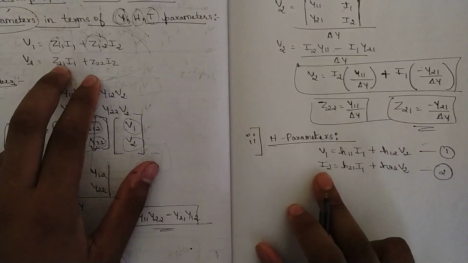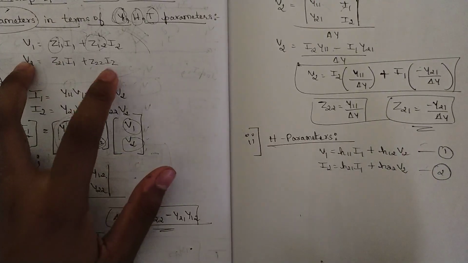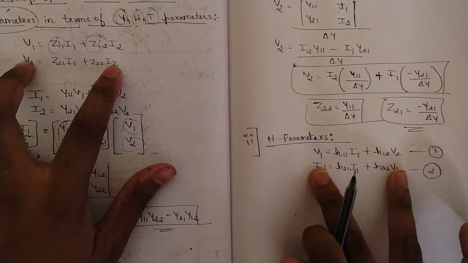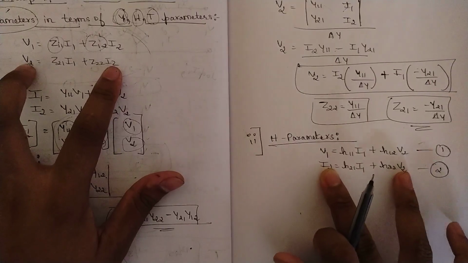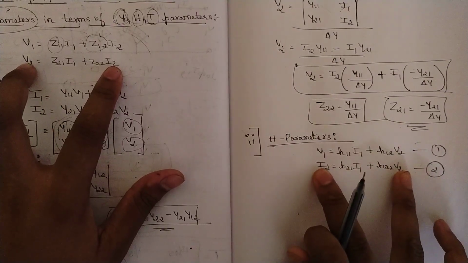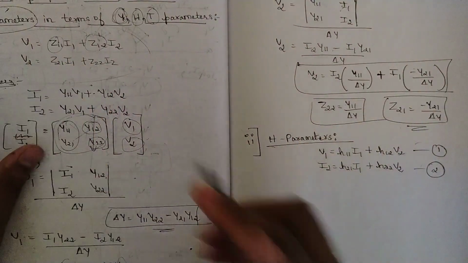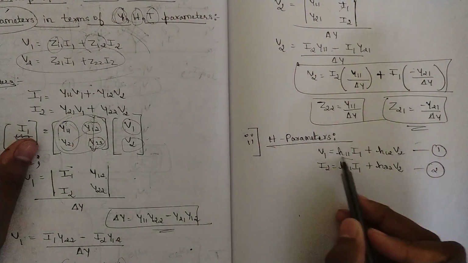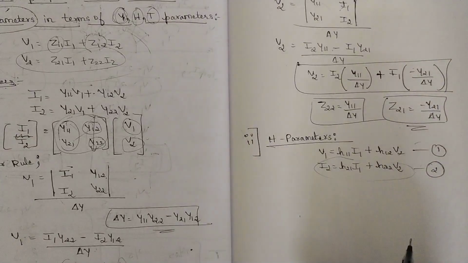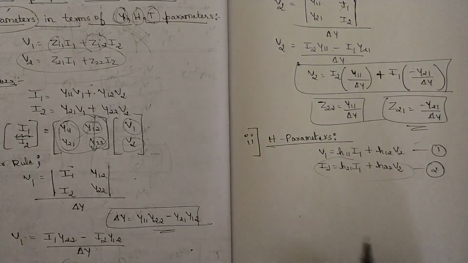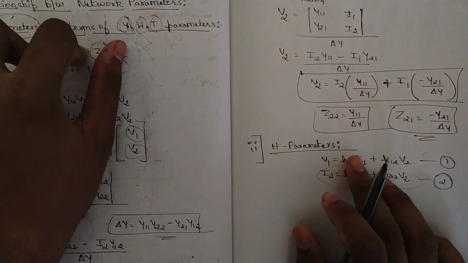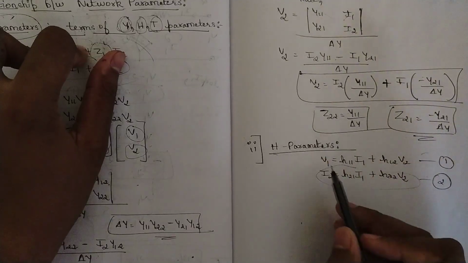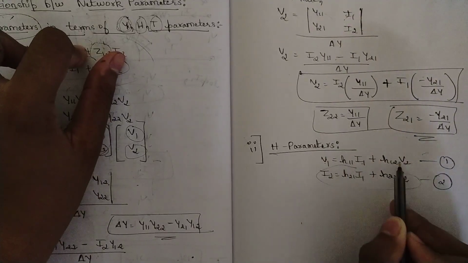Which terms are common here? If you observe, V2 and I2 are common, right? V2, I2 and I1 are common if you compare the second equation with the second equation. And if you compare the first equation, for z parameters we have V1, I1 and I2, but for h parameters the first equation has V1, I1, V2.